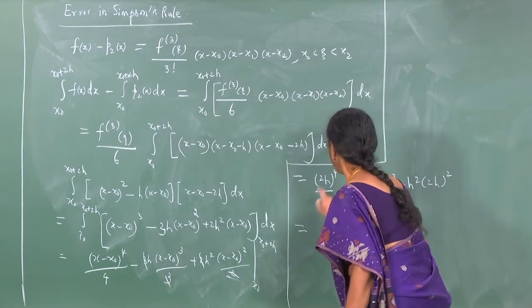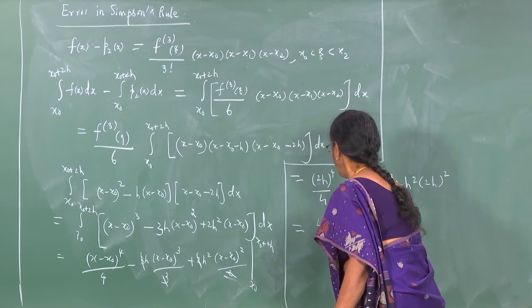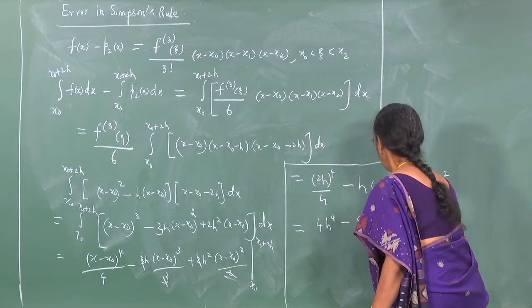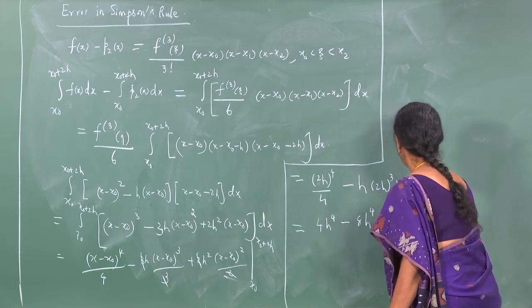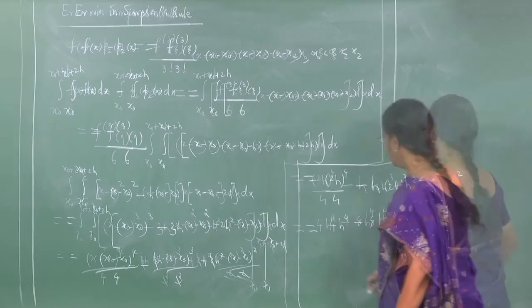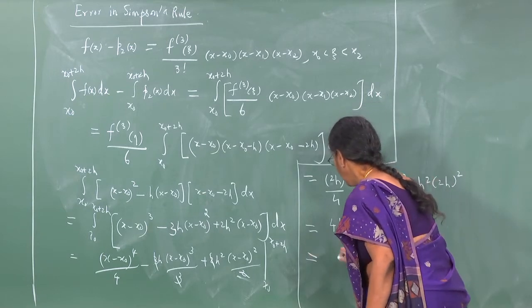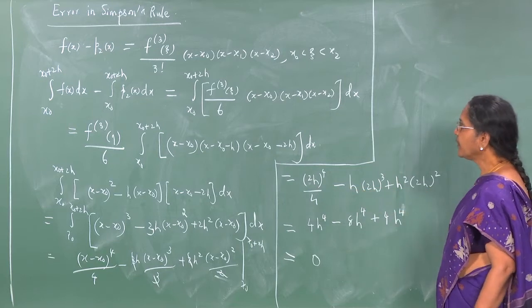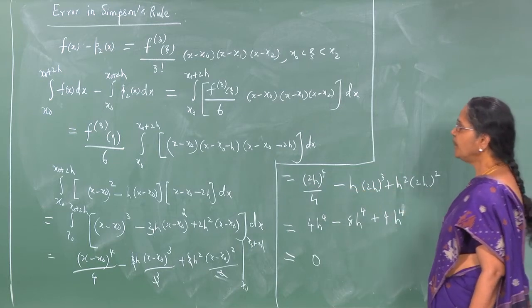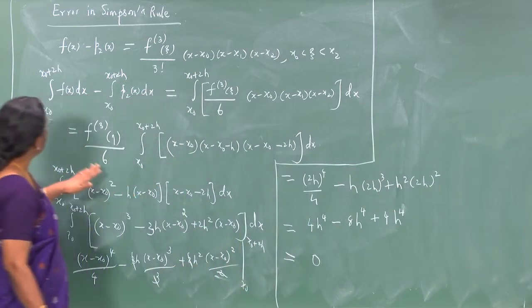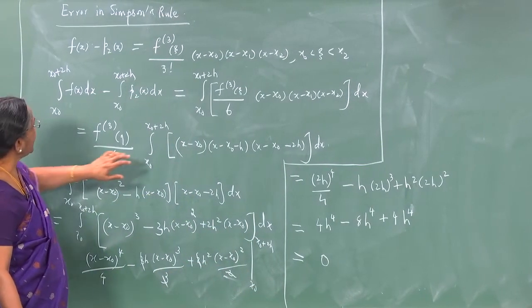So, giving 16h power 4 by 4 minus 8h power 4 plus 4h power 4, which turns out to be 0. So, this tells us that this method is exact for polynomials of degree up to 2.